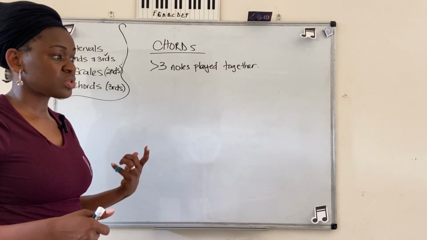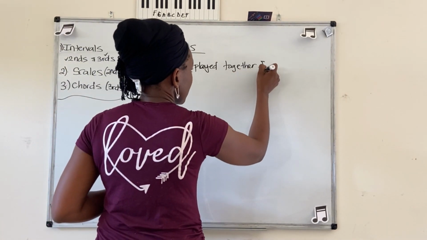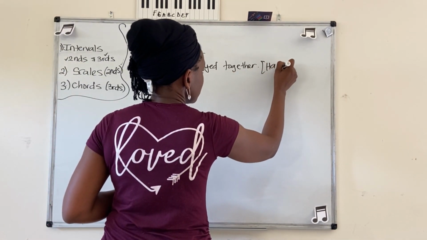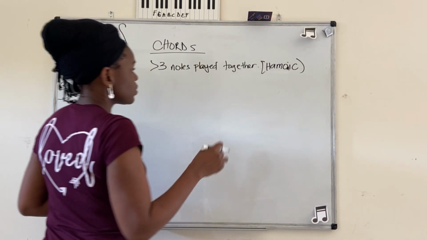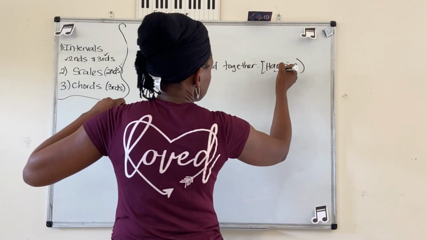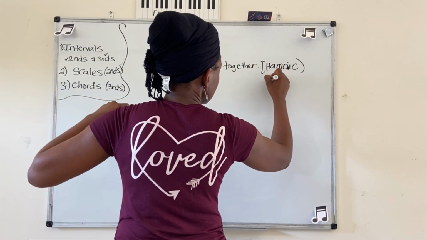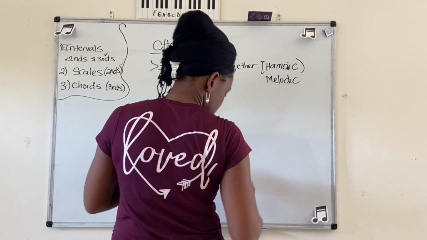It gives us what's called harmony. When notes are played together, they're called harmonic. And when notes are played separately, they are called melodic. But today we're not talking about melodic.